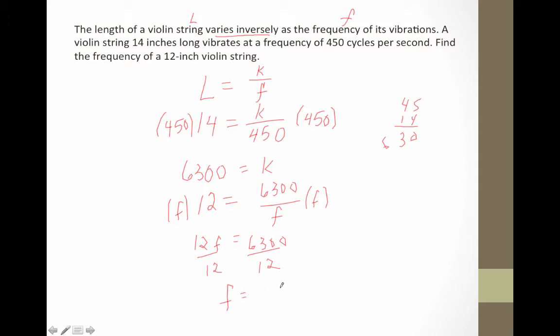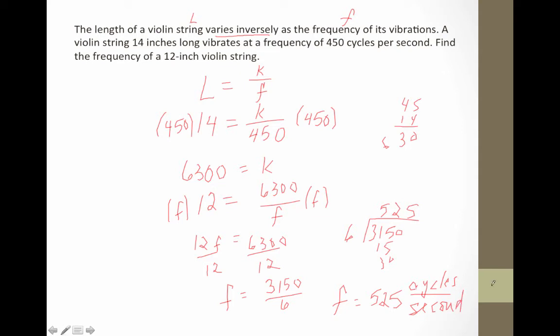So that would reduce to 3,150 over 6, and this is actually going to come out entirely, so let's just do it. 3,150 over 6, so 525. So the frequency is 525, and then you need to look back at the units: cycles per second. I'm sorry that my pen looks so crazy right now.